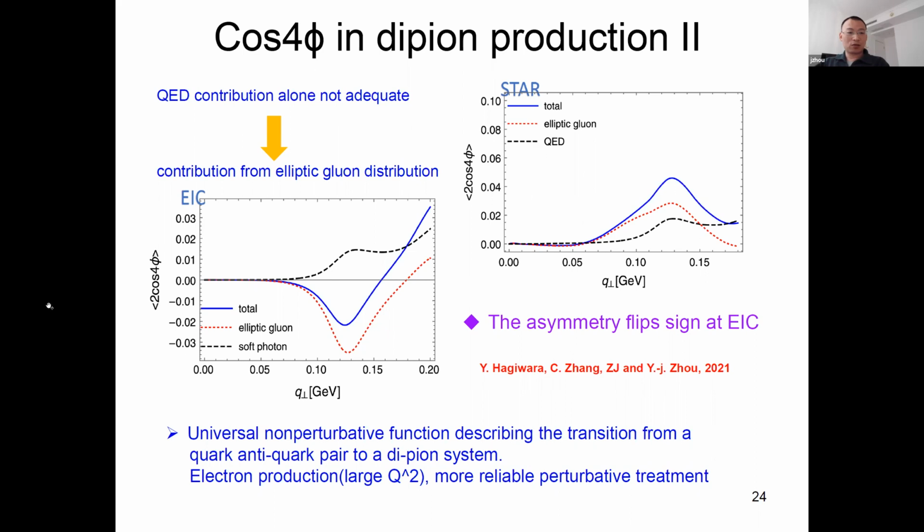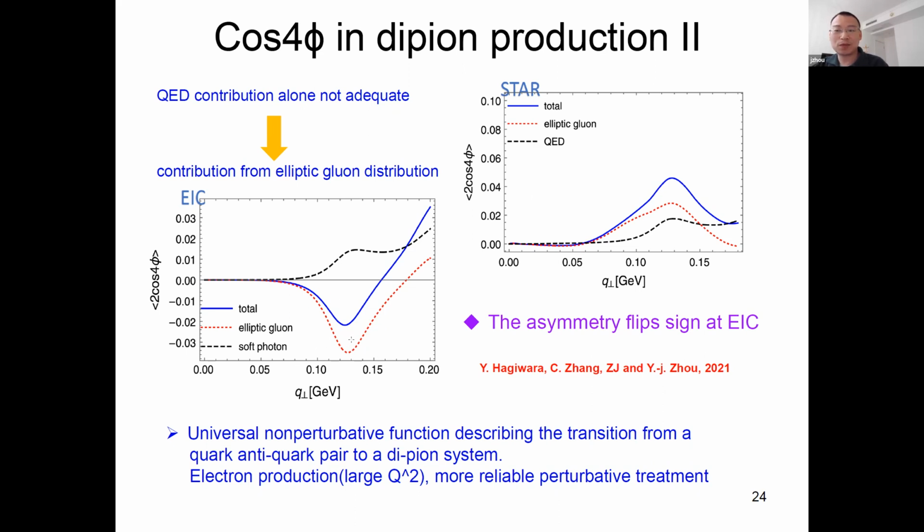Okay, the cosine 4 phi asymmetry for diffractive dipole production at the EIC is displayed in the lower left plot. The contribution from the elliptical gluon distribution into the asymmetry flips the sign as a result of the absence of the double slit interference effect in eA collisions.